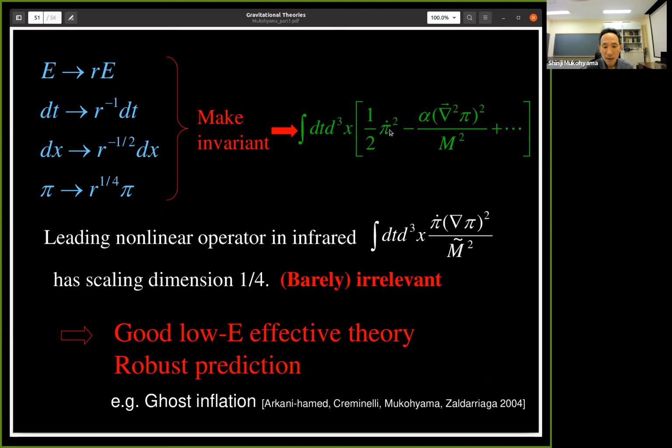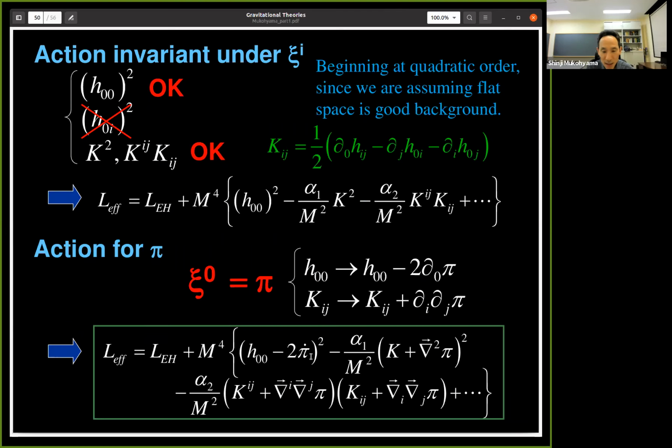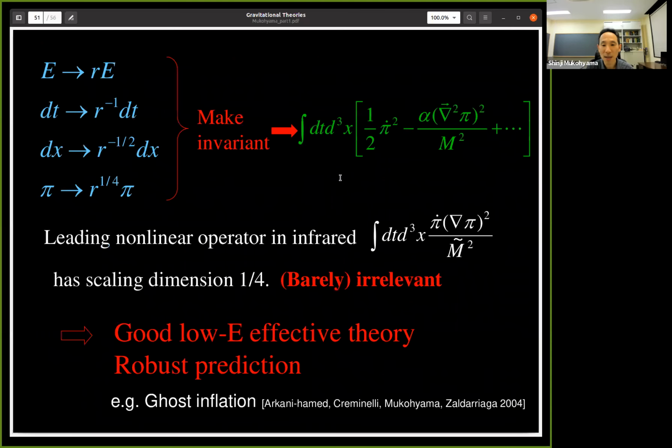Then from this part we get pi dot square. If we set h0 square to be 0, we get just pi dot square. After normalizing pi and redefining m, we get pi dot square.